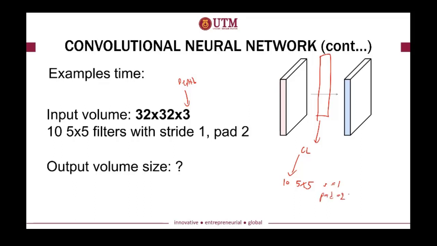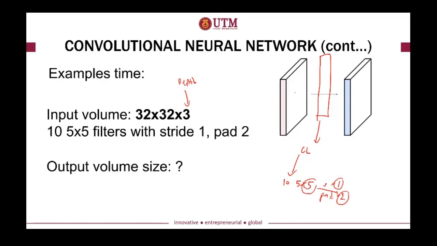Of course, you can see that this is 2, and the filter is 5 times 5, so if you apply padding 2 and stride equal to 1, what will happen? It will automatically maintain the size.